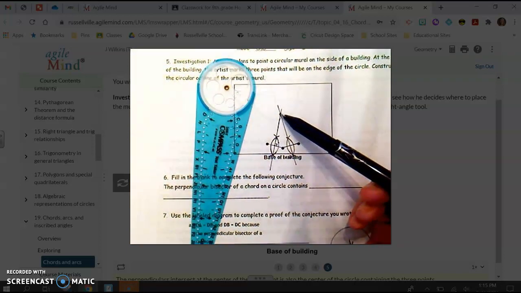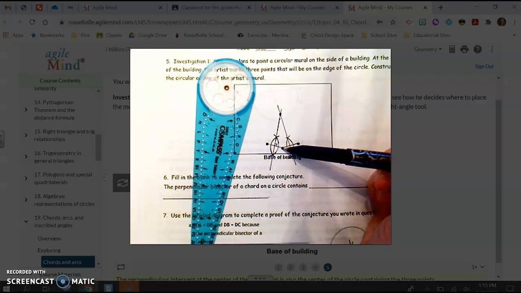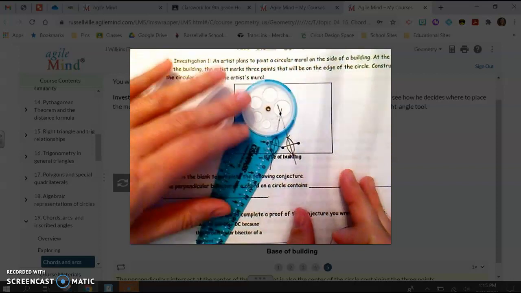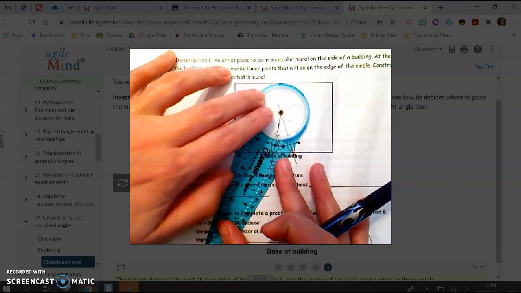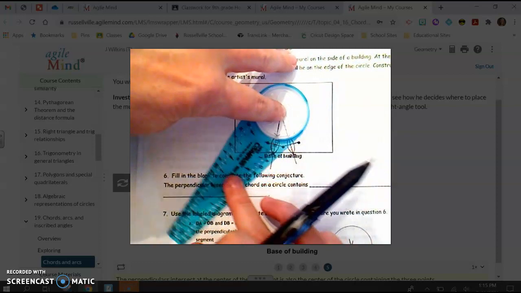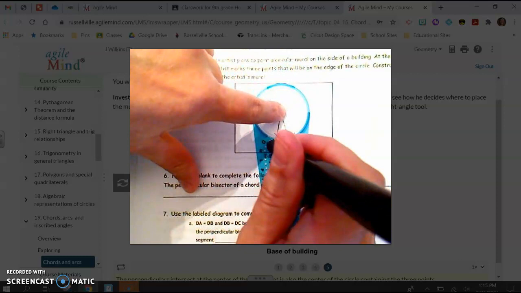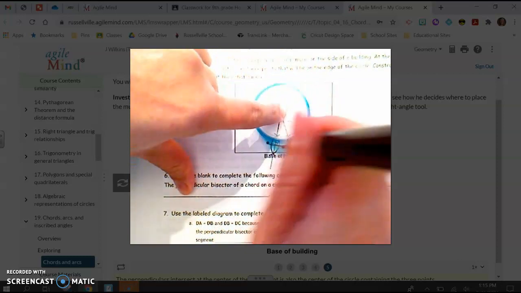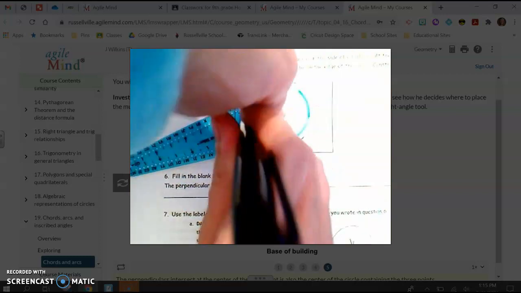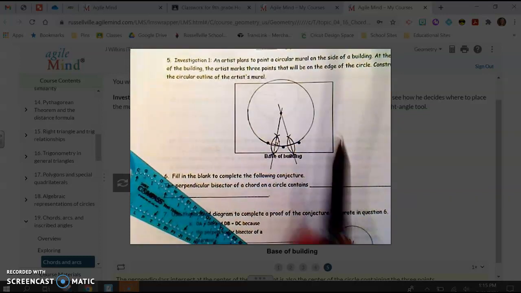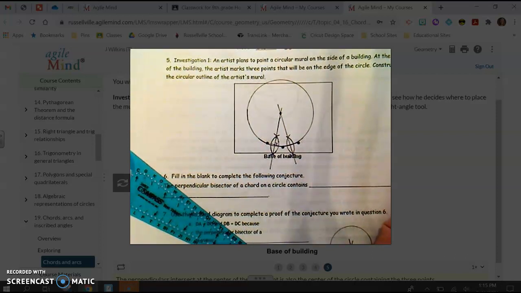The distance from here to here is a radius, or from here to here is a radius. So I'm just going to put the center of my compass on the center of the circle, and find a hole that matches up perfectly, which looks like it's this one right here, and then I can create this circle. My circle goes through all three points, and this would be the center of it.